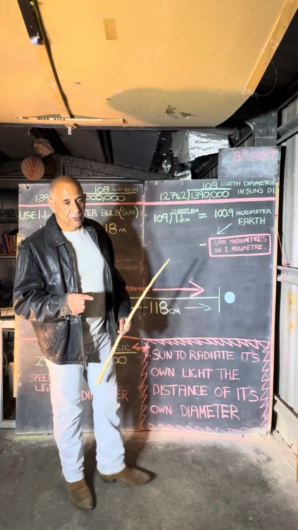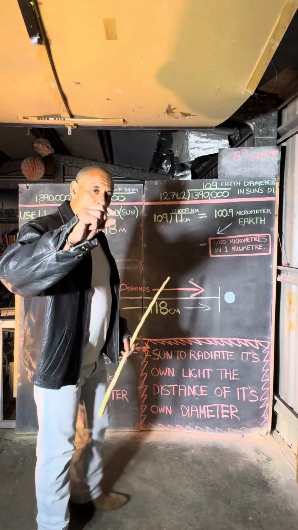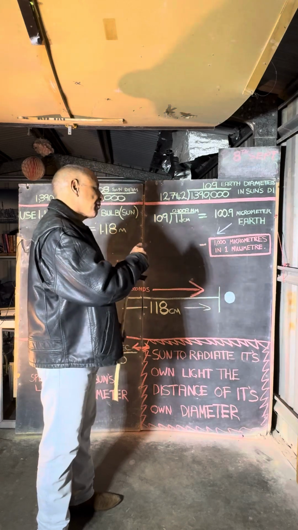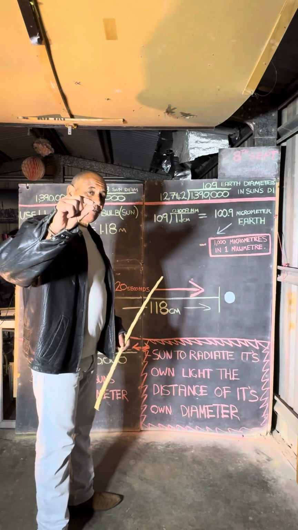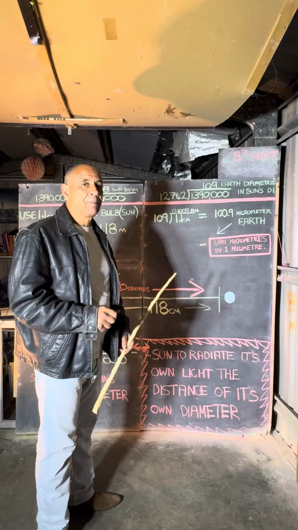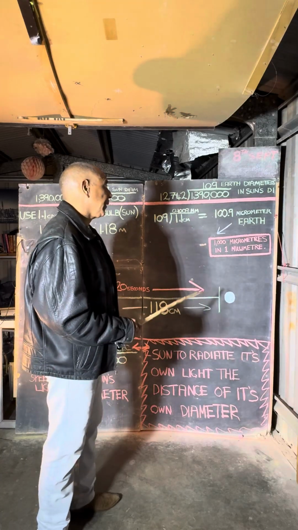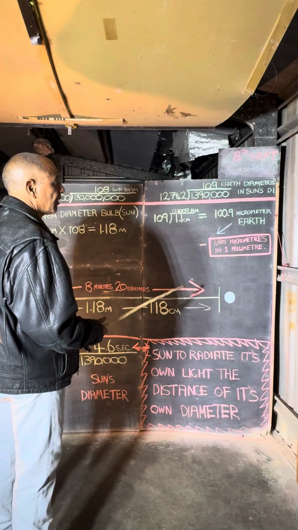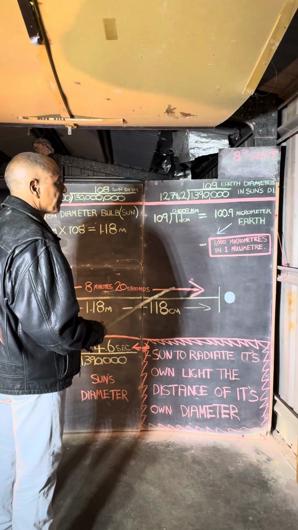So if the sun is a 1.1 centimeter light bulb, planet Earth would have a diameter of just over a tenth of a millimeter, right? So tiny, tiny, tiny, tiny.